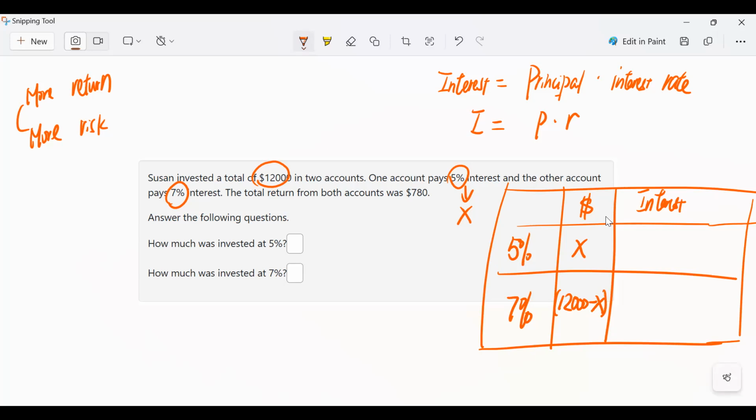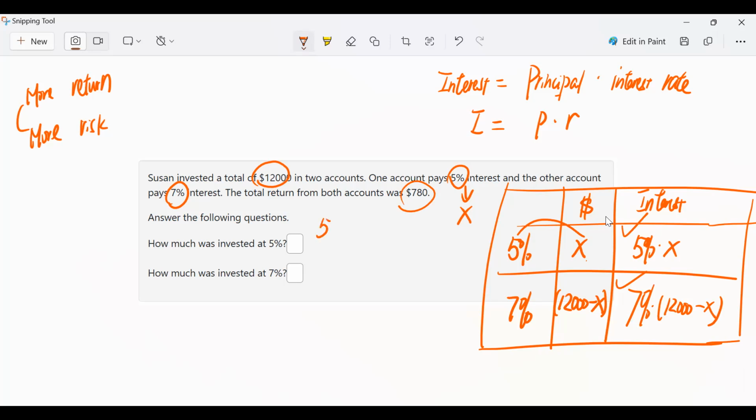Then the interest coming from the 5% account will be the principal X amount times the interest rate, so it'll be 5% times X. For the 7% account, it will be the 7% rate times the principal, 7% times 12,000 minus X. We know the total interest is going to be $780. That means if you combine the interest from the first account and the interest from the second account, you have $780.